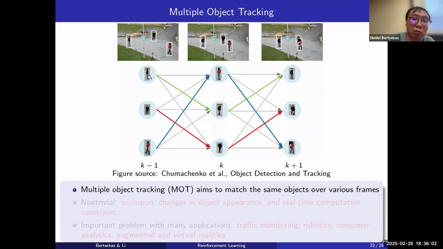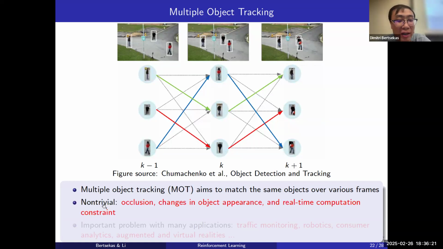Essentially, what we want to do is to find out those arcs that connect the same objects over different frames or different layers, as we will call them shortly. And this problem is highly non-trivial because to start with, some objects can be occluded by others, and the object's appearance can change from frame to frame.